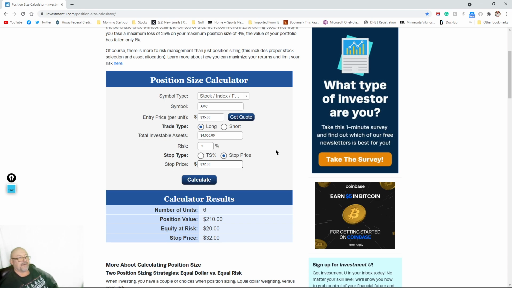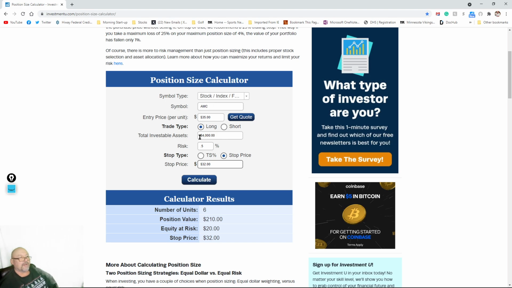You want to put 400 of that in, and you only want to risk 5% of that $400. So the roundabout way of doing that is just remember your risk of your whole portfolio is 0.5%. It's always going to be that way, guys. So that's the easy way to remember.